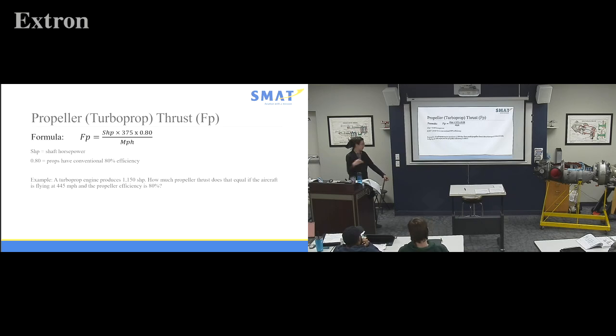If we're flying at 445 miles per hour with an 80% efficient propeller, we put our numbers in there: shaft horsepower, 375, 80% efficient, and 445 miles per hour, and we get 775.3 for our propeller thrust.